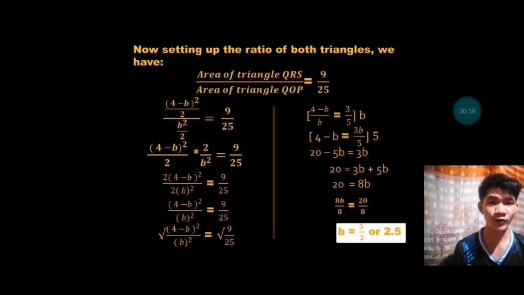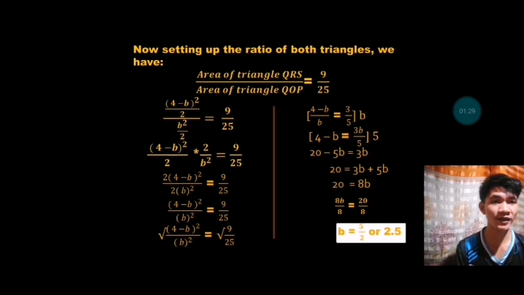That gives us (4 minus B) squared over B squared equal to 9 over 25. Since this is a perfect square, we can take its square root. We have (4 minus B) over B equal to 3 over 5, where 3 is the result of taking the square root of 9 and 5 is the square root of 25.